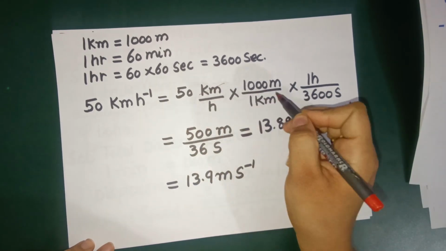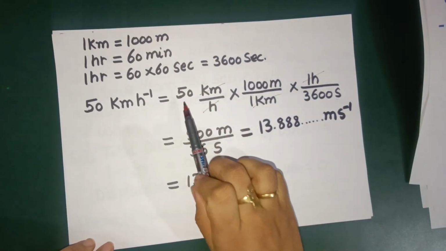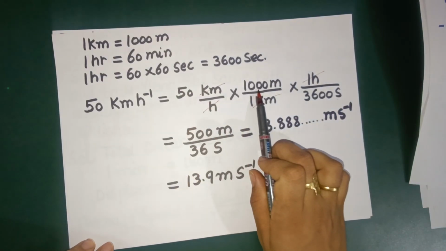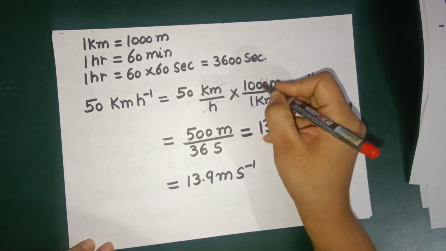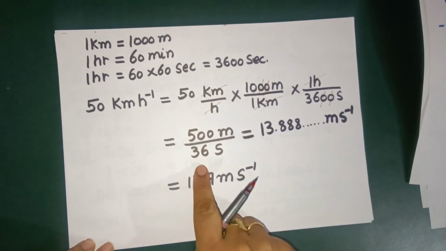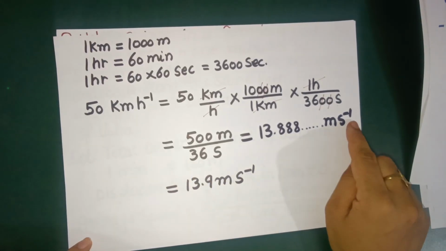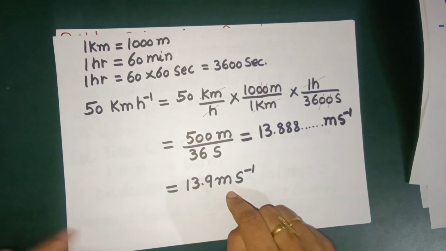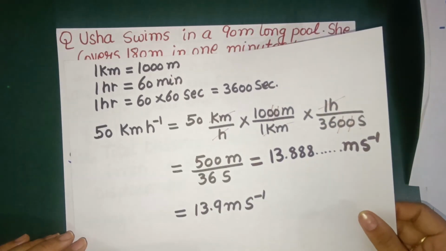So the kilometer cancels the kilometer here, then the 1 hour cancels the 1 hour here. So we will have 50 into 1000 divided by 3600. These two zeros cancel here. We will have 500 by 36, and on solving we have 13.888 meters per second, which gives 13.9 meters per second.